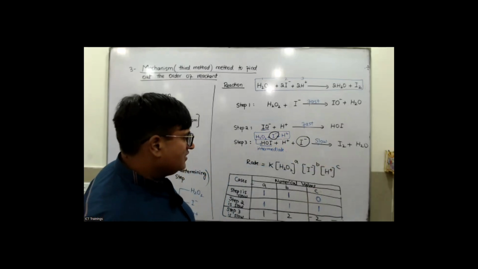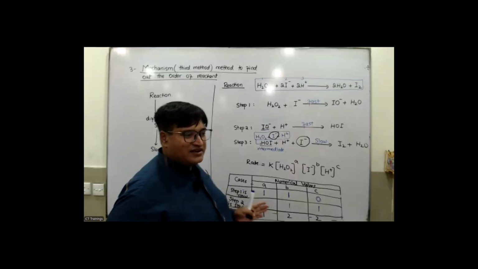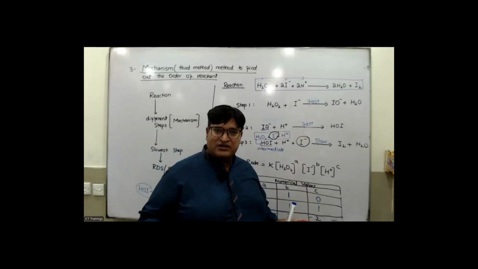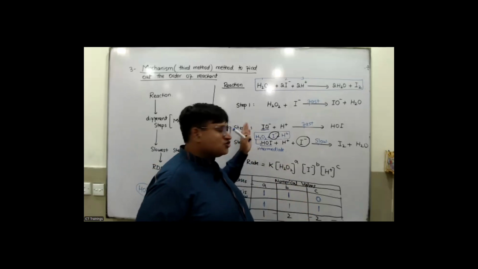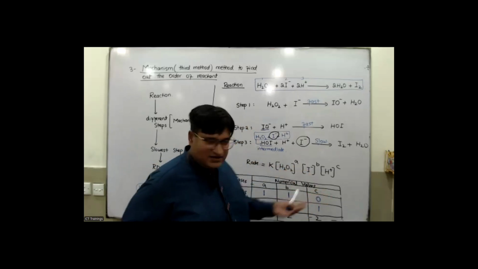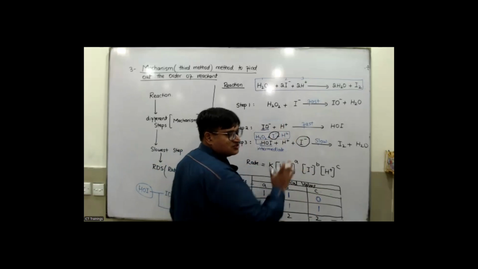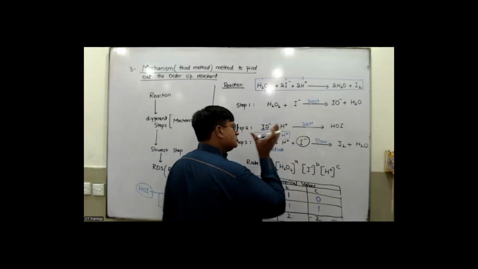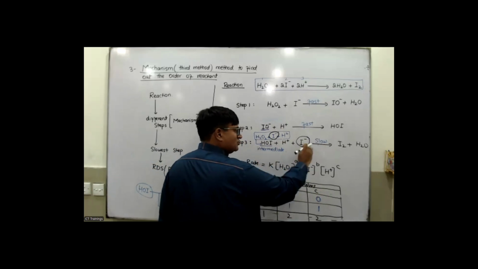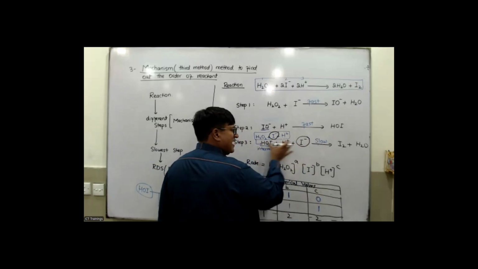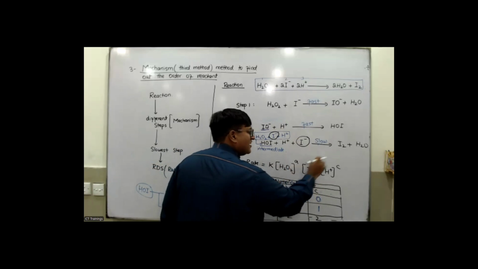Did you get it? So keep in mind, my dear students, whenever you want to find the order of a reactant with respect to the mechanism method, check which step is slow. Whatever moles of reactants are present, they become the order.